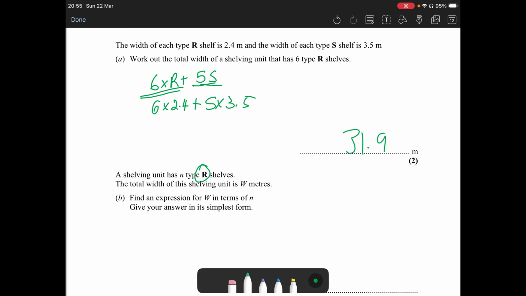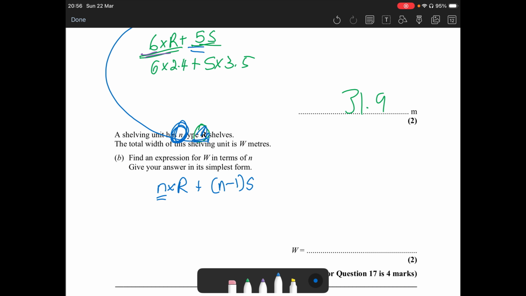All we're doing here is, instead of saying 6 like we did earlier, we're now going for the general approach of just saying N type of R. So the total width will be N multiplied by R plus, because there's always one less, in brackets, N take away 1 S. For example, if N is 6, like in part A, the number in front of S would be 6 take away 1. It would be 5.